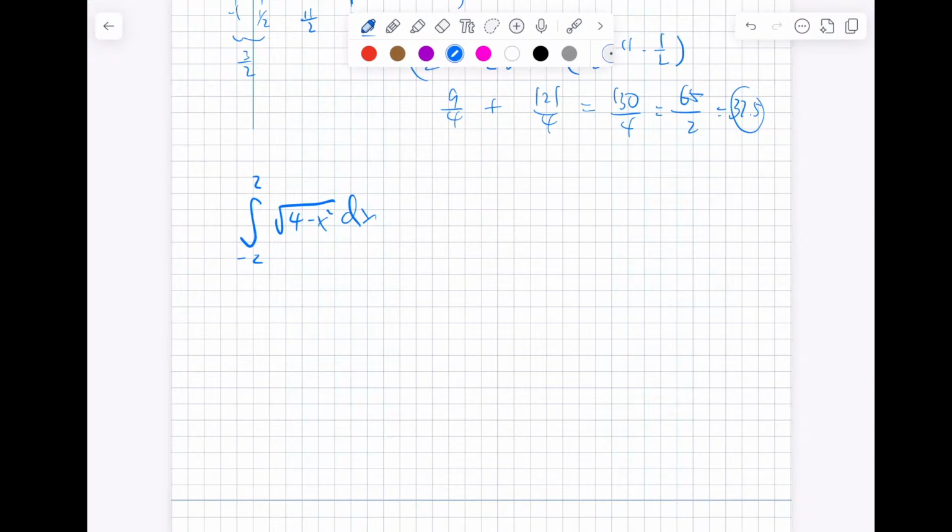Anybody know what the graph looks like? Can tell me? If you don't know, you want to graph on Desmos and tell me what it looks like?